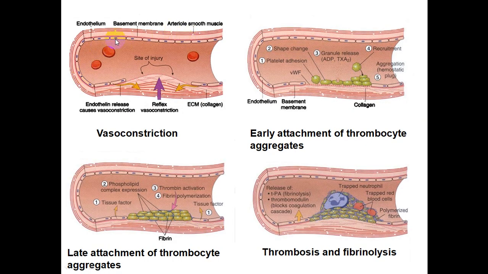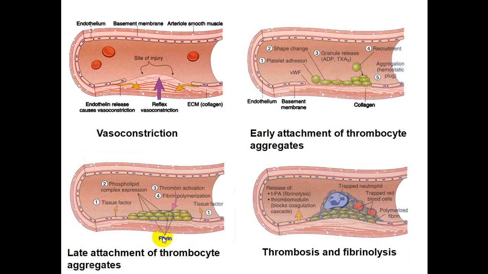So this is the process here. First is vasoconstriction to decrease the diameter of wound sites, and then there will be attachment of thrombocytes in the damaged area. These thrombocytes will release enzymes like thromboxane or even adenosine diphosphate for energy.